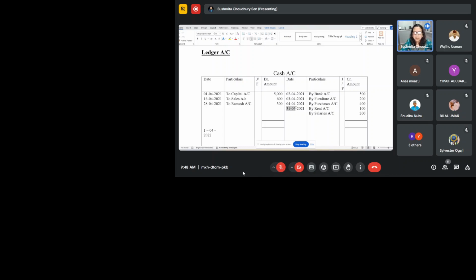Both the dates are similar, so I am copying the date here and it is done. Now all my entries related to cash are over.